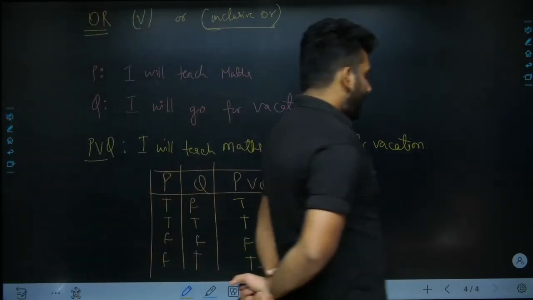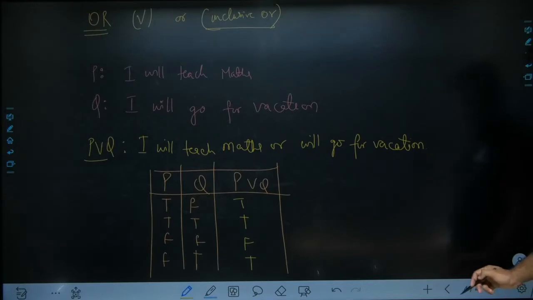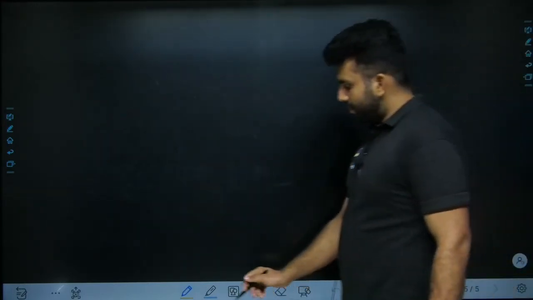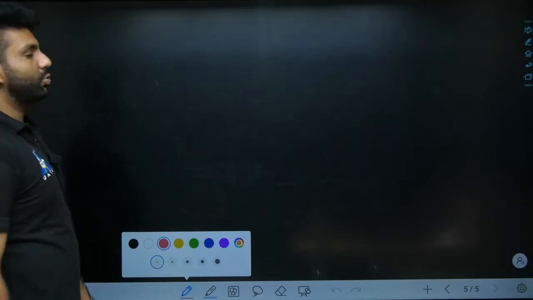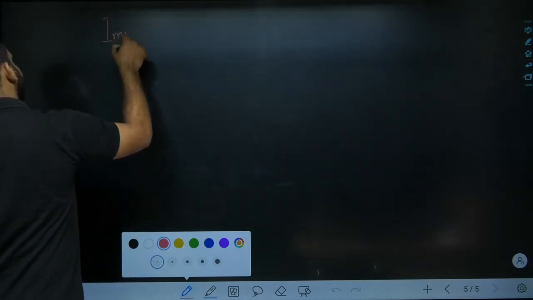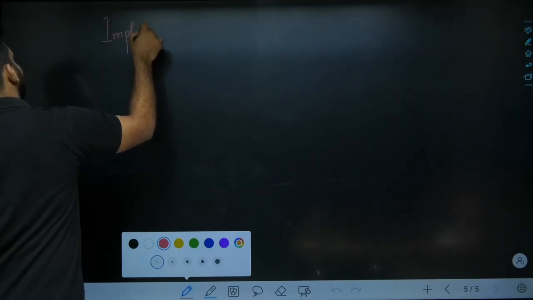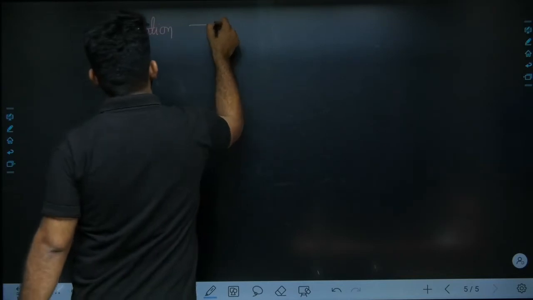So let's talk about the next one, that is implication. Implication is an important one. Okay, there are numerous questions being asked over this concept, implication. This is very important to understand. Okay, implication, we write it like this.